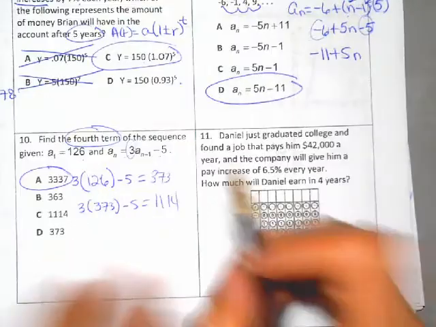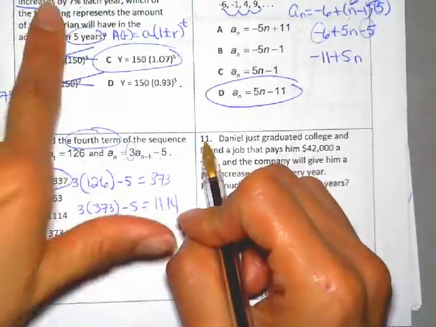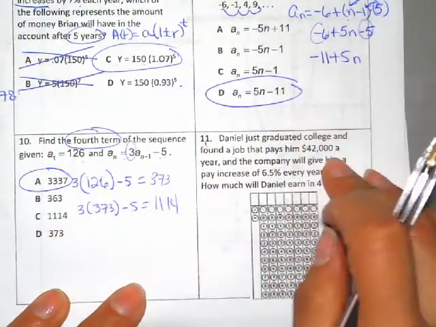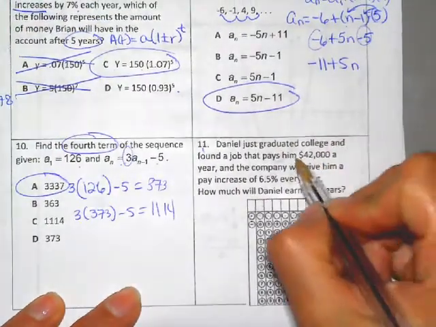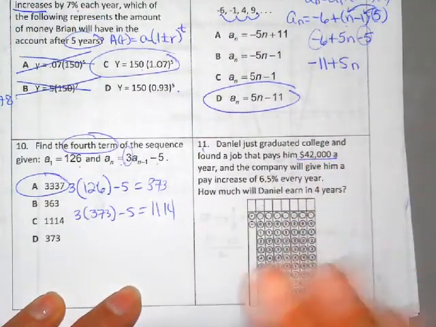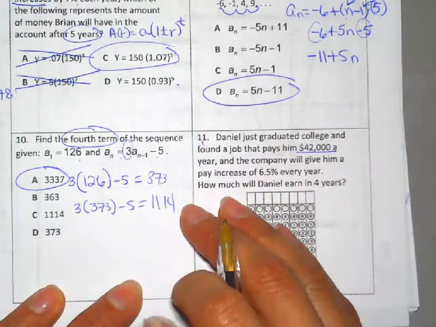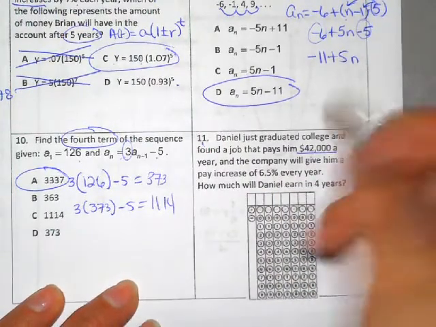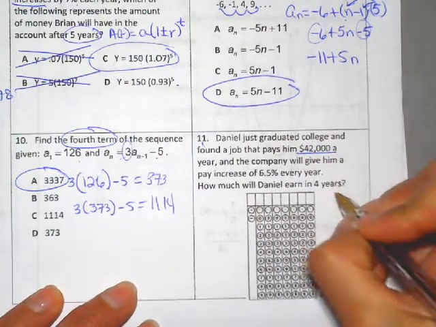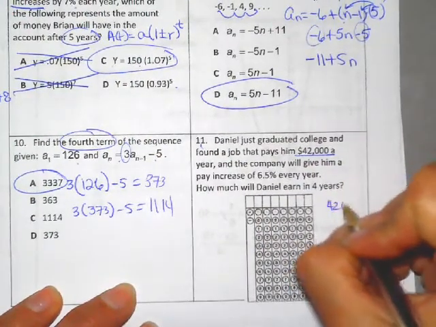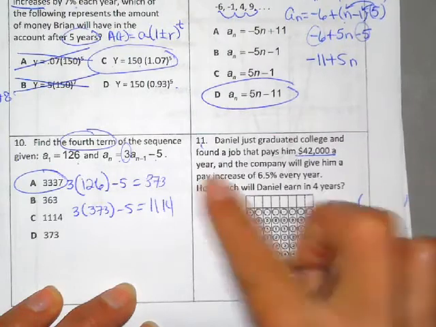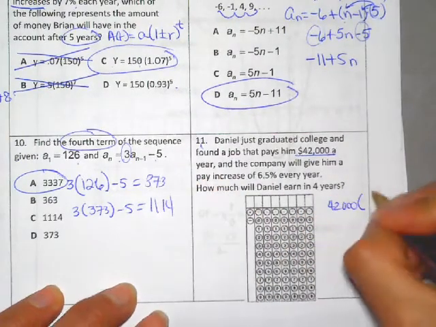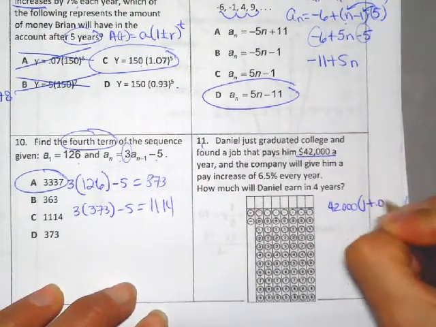All right, number 11 is like number 2 and number 8, where you're going to read a story. They're going to tell you a beginning value. If for some reason they give you the end value, then we would do numerical solve to find the missing value, okay? So they do give me the beginning value, so that's our little a, so 42,000. And then this is increasing 6.5%, so 1 plus 0.065.